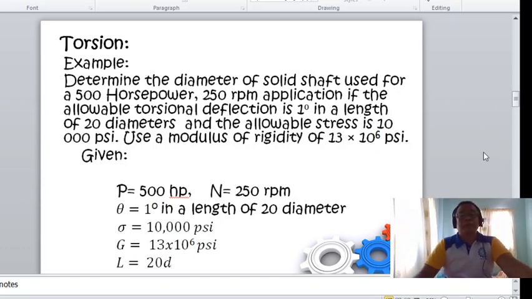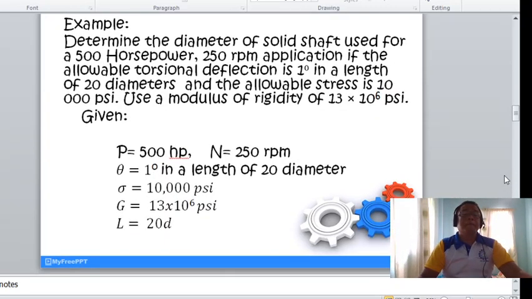Use a modulus of rigidity of 13 times 10 raised to 6 psi. We have here the given: 500 horsepower, the torsional deflection of 1 degree in a length of 20 diameters, G is 13 times 10 raised to 6 psi, and L is 20 times the diameter.